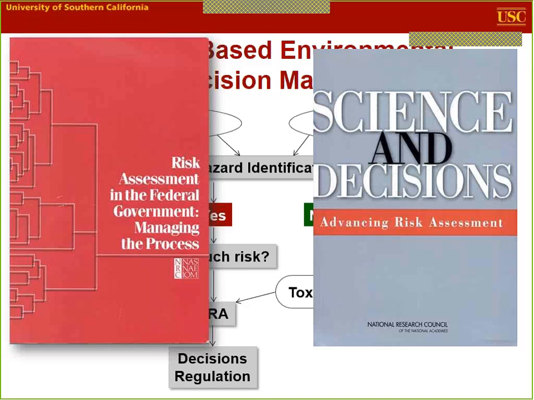The Silver Book, Science and Decisions, now about 6 or 7 years old, provides an updated framework for making sure that important questions are answered correctly through the risk assessment process and the science generated in support of decision making.